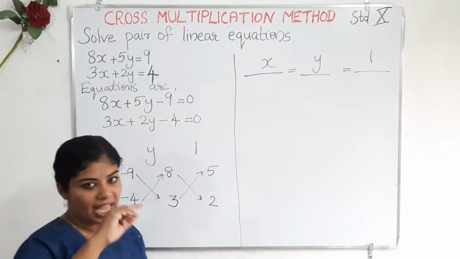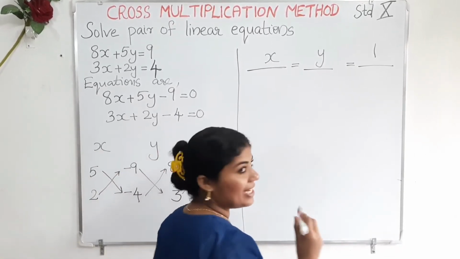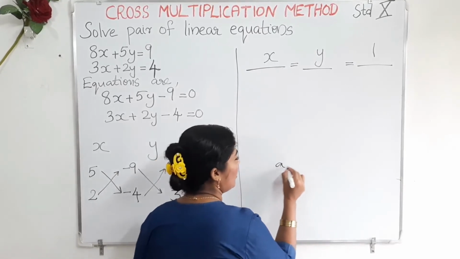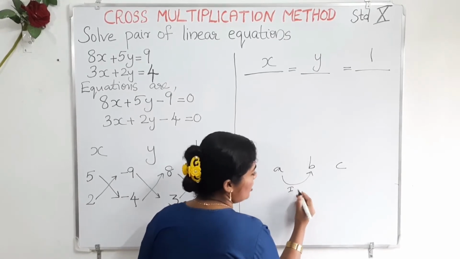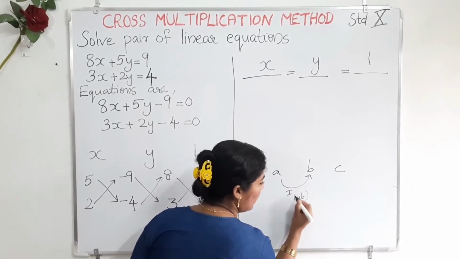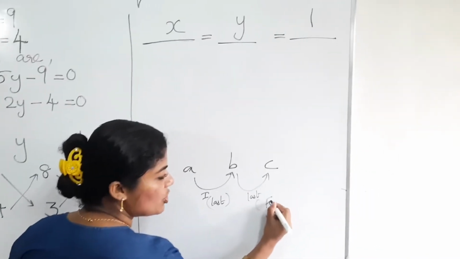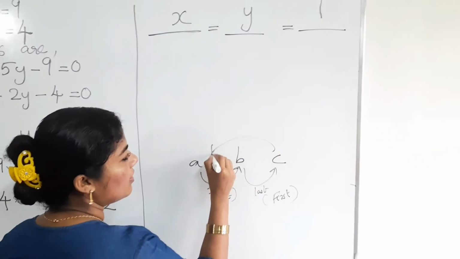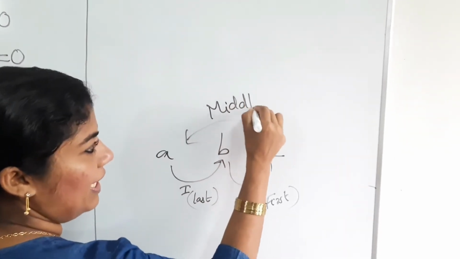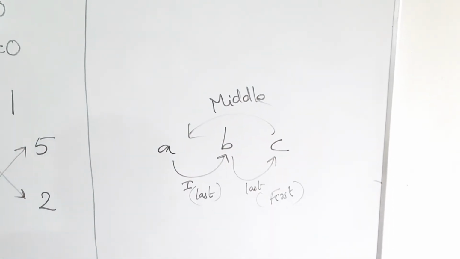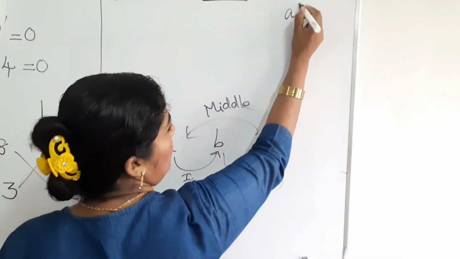Just remember a, b, c with that trick. Here what I said: the first part becomes the last one, the last part becomes the first one, and this is the middle one. Same like that, a, b is the first one, so you write it as the last one. So a, b.